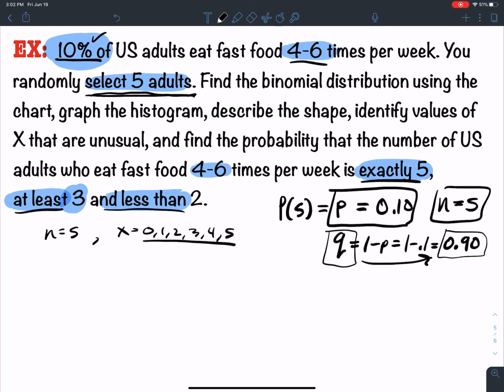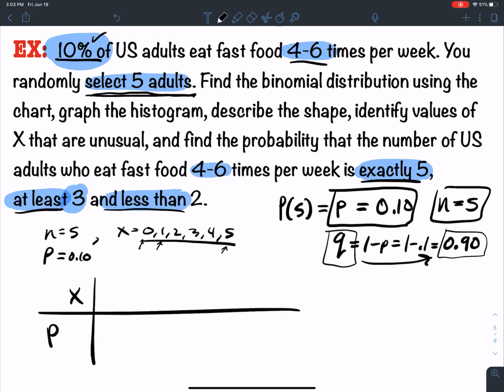I can have no one that says they eat 4 to 6 times a week, one person that says they eat 4 to 6, all the way up to all 5 people I asked saying, yeah, I eat fast food 4 to 6 times a week. And then I need P equal to 0.10. Okay, so I'm going to draw out my probability distribution. So I need my value of the random variable and then the probability. So 0, 1, 2, 3, 4, and 5.